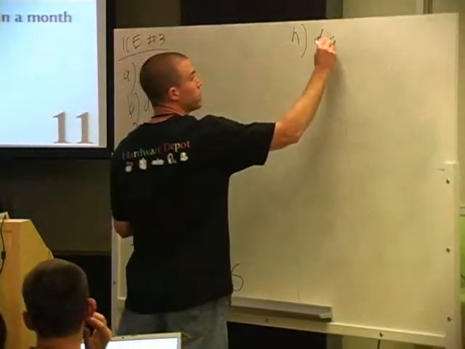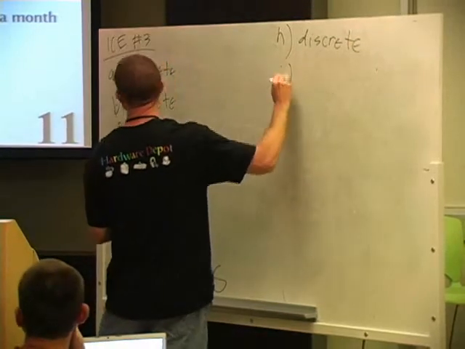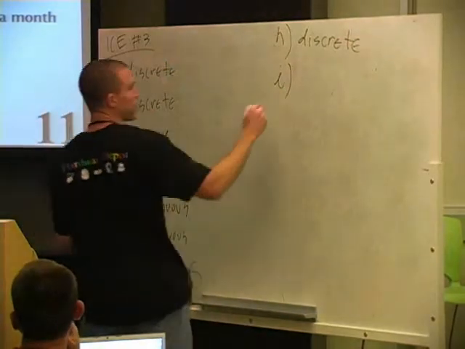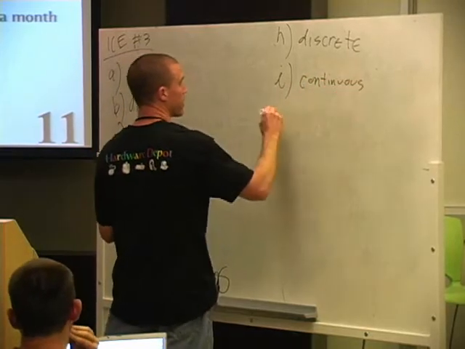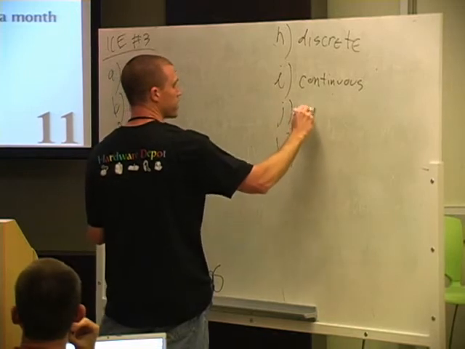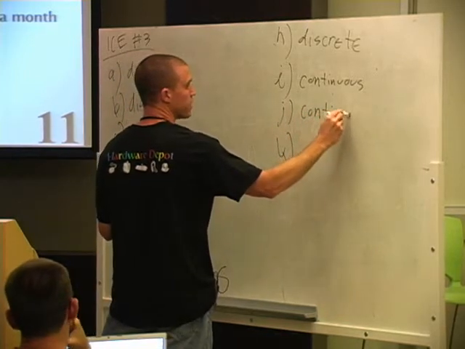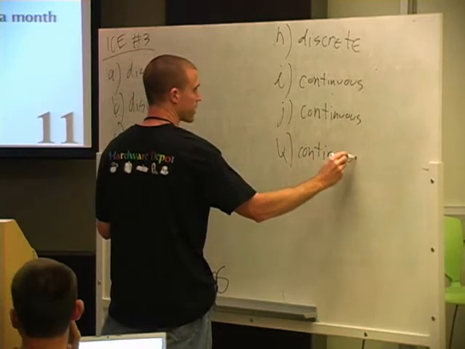You can't live at a decimal zip code, right? Those are actually whole numbers, so discrete. I, temperature in Fahrenheit. I can measure that as accurately as I want, depending on how good my thermometer is. J, K, same thing with Celsius, and same thing with Kelvin. Okay, so that takes care of that.